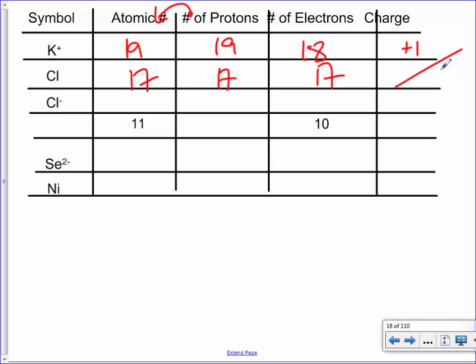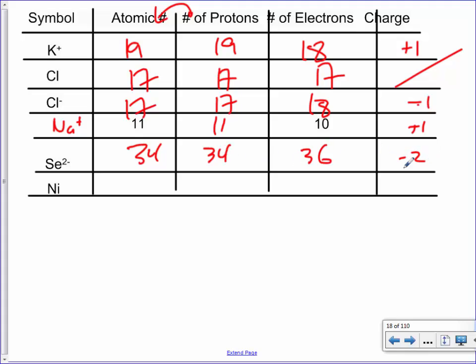So hopefully you've tried most of these. Let me just fill in some answers and hopefully you guys have the same thing as me. 11 should be sodium. 11, that would be a +1. Plus there. Selenium, 34. 34, that means you need 36 for -2.